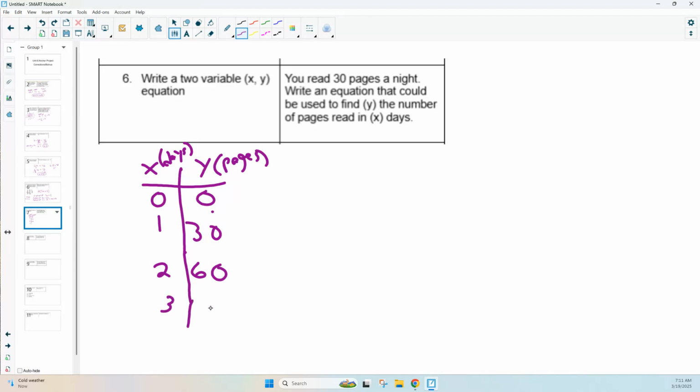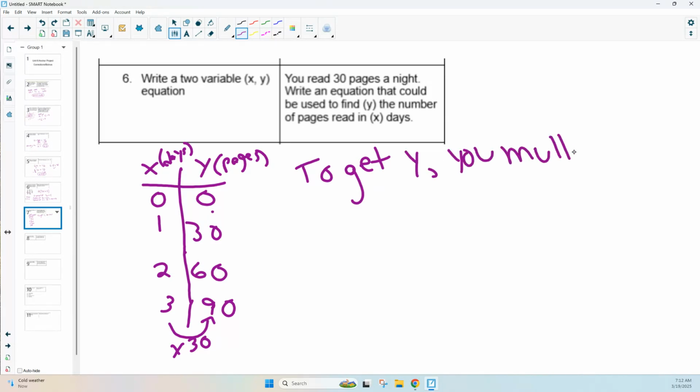For 3 days, we have read 90 pages, and so on. So now I need to look at my pattern. How am I going from x to y? That is right, we are multiplying by 30. So let's write those words. To get y, you multiply x by 30.